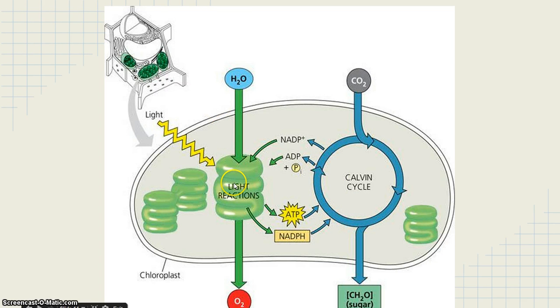We are then going to use that hydrogen as well to fall down the electron transport chain to make the ATP that we need. When we look at the byproduct, we have oxygen. Carbon dioxide needs to come into the Calvin cycle because we need that to combine with the RuBP in order to make the G3P so we can make this sugar right here.